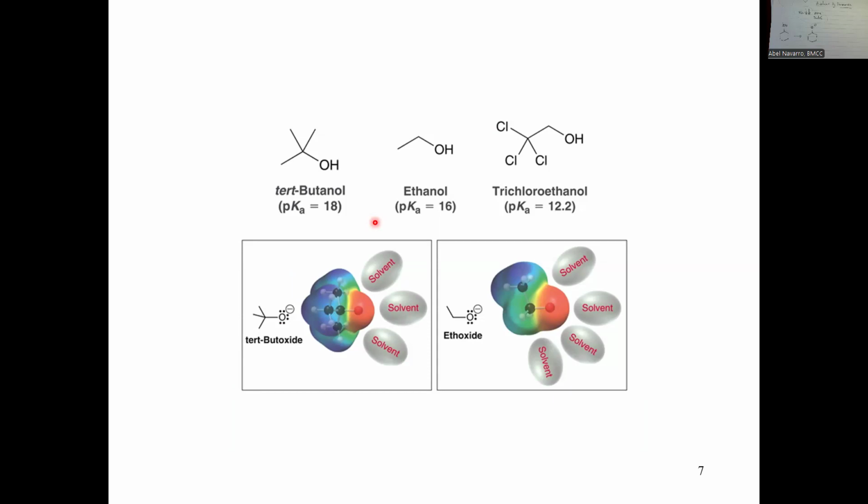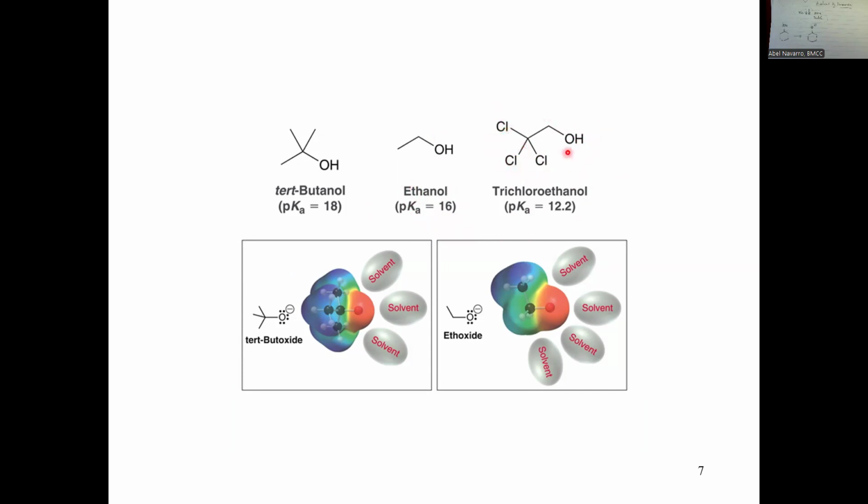Another type is, we recall from chapter 3 about acids and bases, the inductive effect, right? So whenever you have an alcohol with halogens, these halogens will produce an induction effect in the alcohol. This one is more or less ethanol. So ethanol has, let's say, a pKa of 16.